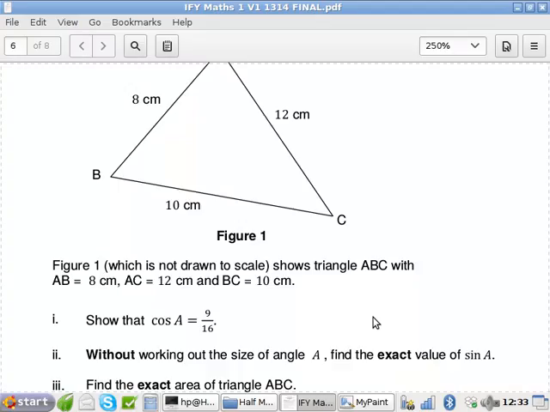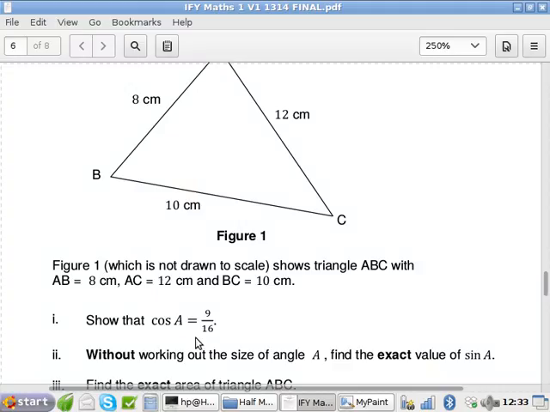You can't actually use the sine rule because you don't have any angles. Now you could get the angle from here, but that's not what they want because they very clearly say without calculating angle A, find sine A. Area? Good idea. See what happens, yeah?